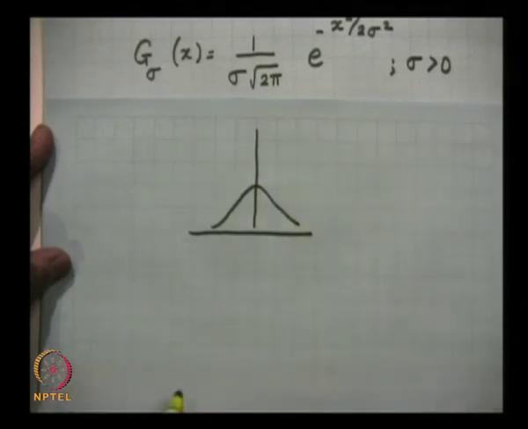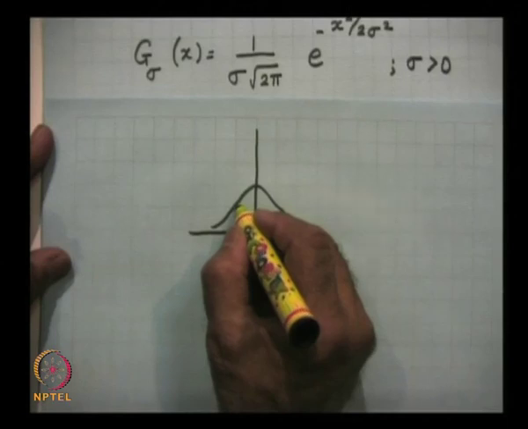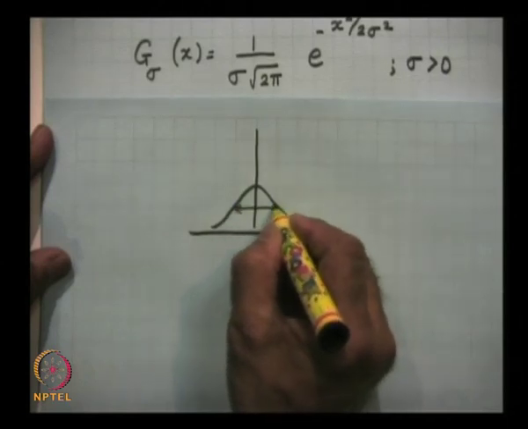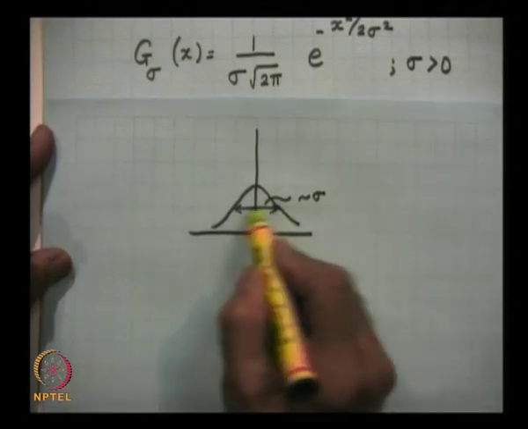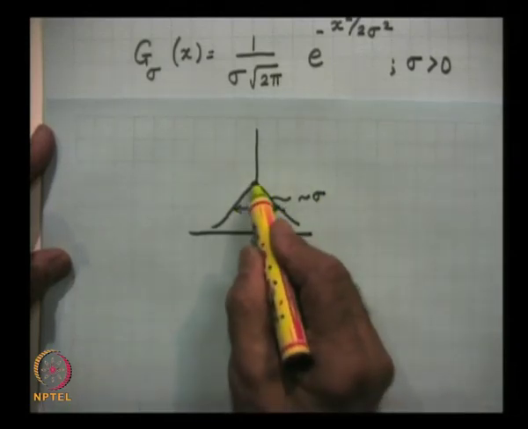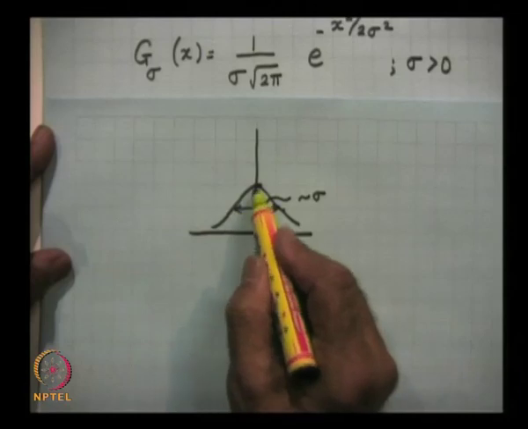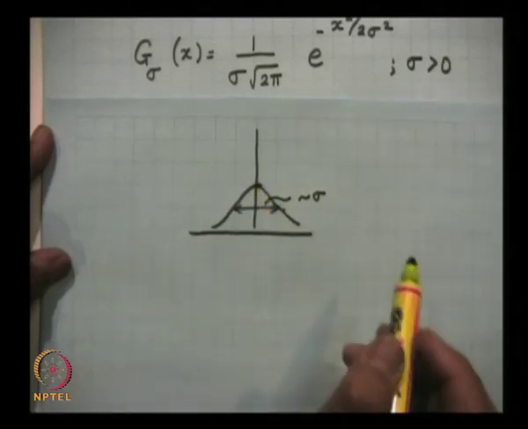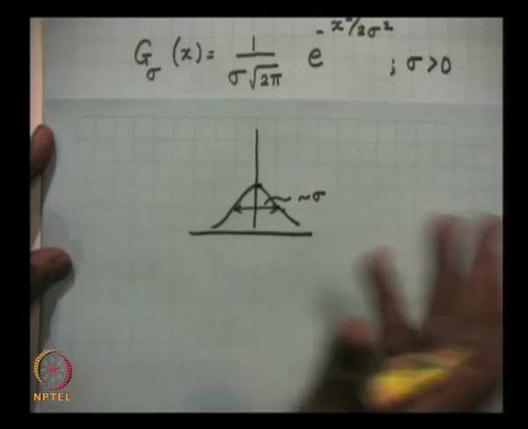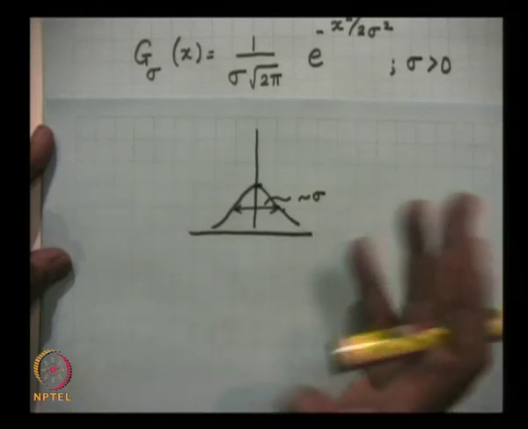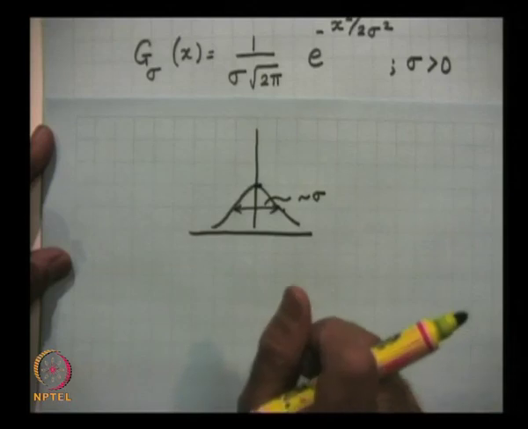This is a Gaussian function, and this width is of the order of sigma. This is something like the full width at half maximum. If we take the peak value as 1, then the full width at half maximum is about sigma, maybe square root of 2 sigma or 1.5 sigma or something like that.